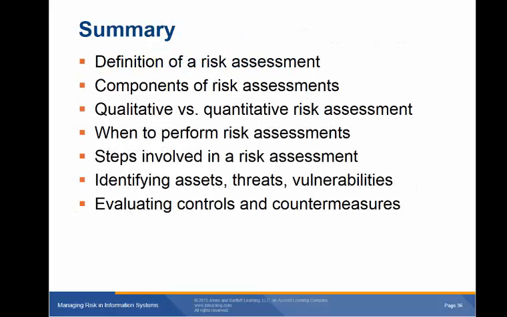So in summary, in Chapter 6, we've learned the definition of a risk assessment, components of risk assessments, qualitative versus quantitative risk assessment, when to perform a risk assessment, steps involved in the risk assessment, identifying assets, threats, and vulnerabilities, and evaluating controls and countermeasures. But the one thing that I can leave you with, if at all possible, is stay on mission.